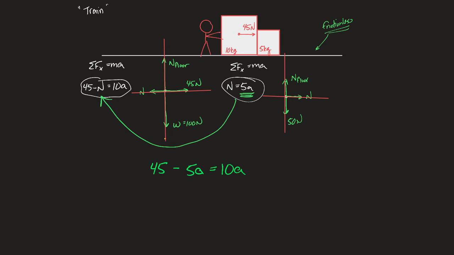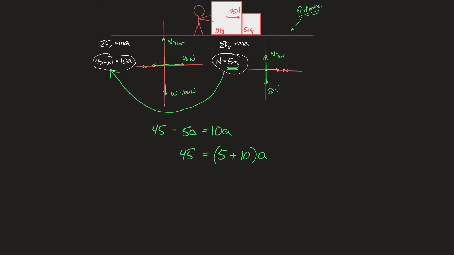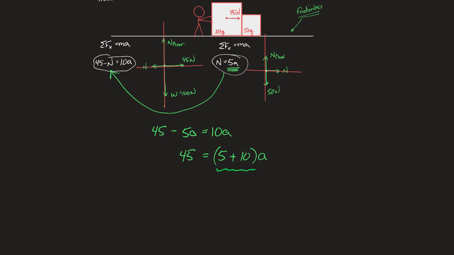Now, this is something I would really like you to emphasize in your notes. This is a way to check your work. If you've done everything correct, what you're about to see should show up in every one of your problems. I'm going to add 5a to the other side. When I do, on the other side, I'm going to have the sum of the two masses.